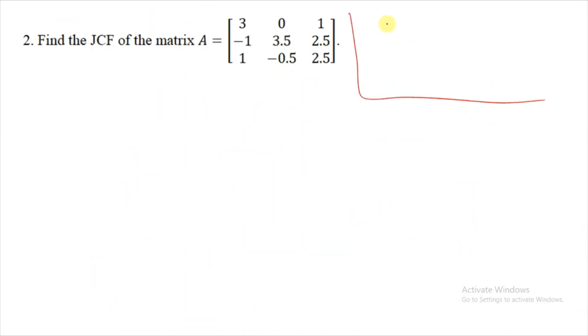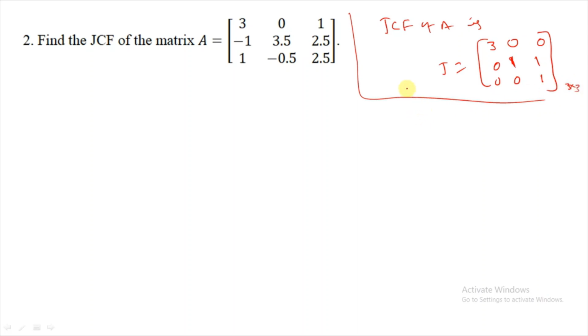Jordan canonical form is J equal to, with diagonal elements 3, 1, 1, and zeros elsewhere. The 1 is repeating, and the super diagonal element is 1. This is the Jordan canonical form, a 3 by 3 matrix.